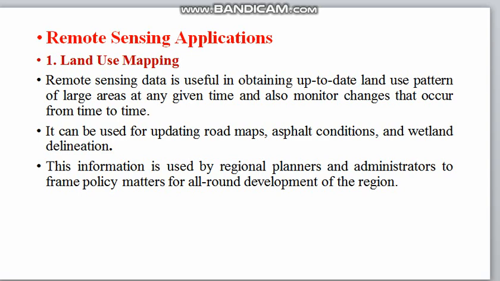It can be used for updating road maps, asphalt conditions, and wetland delineation. Then this information is used by regional planners and administrators to frame policy matters for the development of the region.